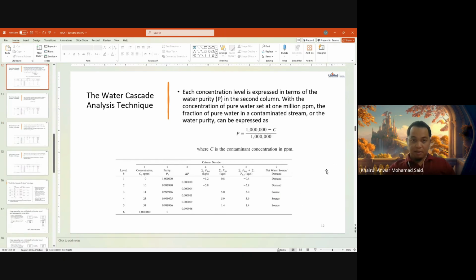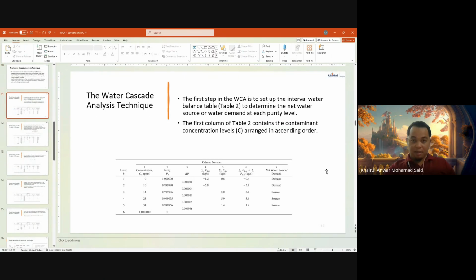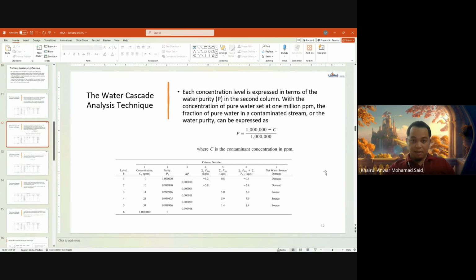So for this table, the only equation that you need to memorize is purity, pK. So how to use it: 1 million minus C is called.